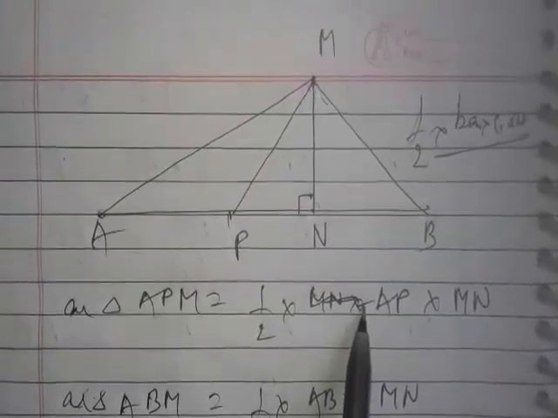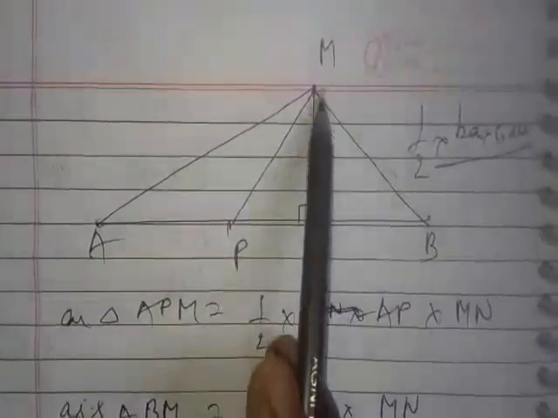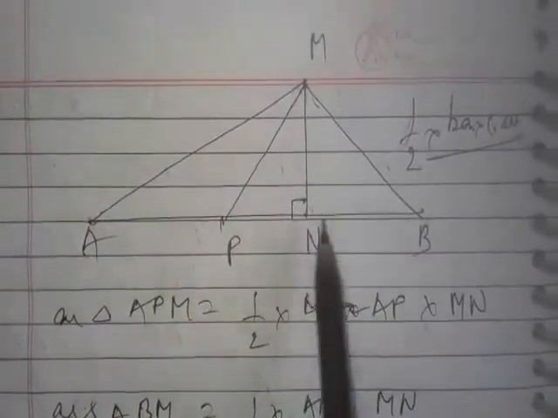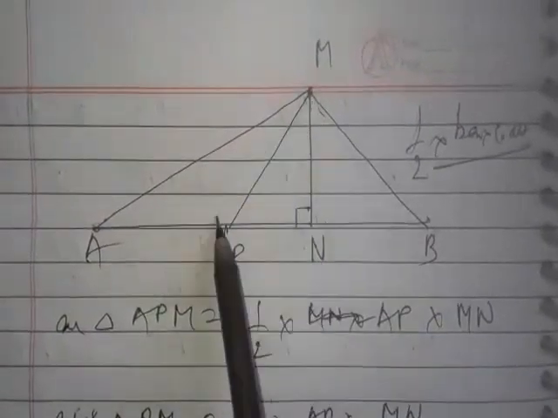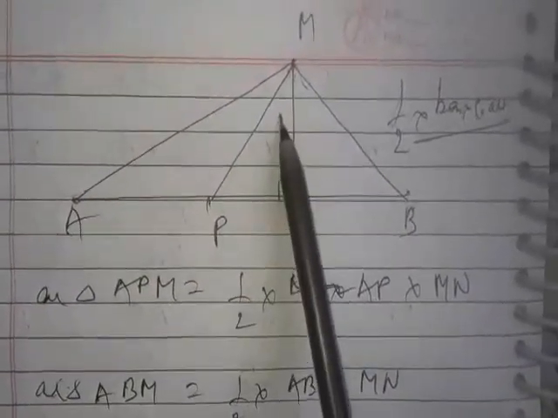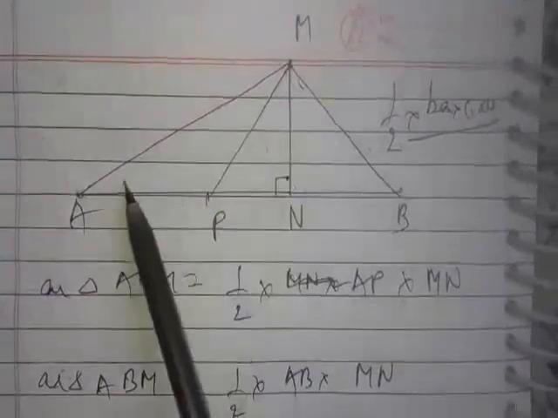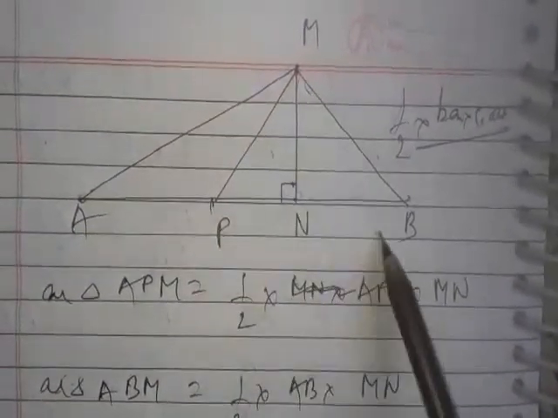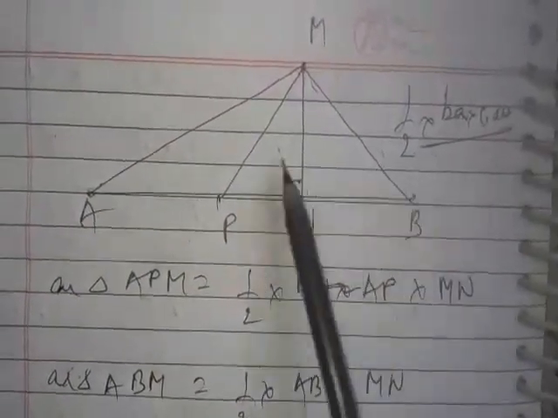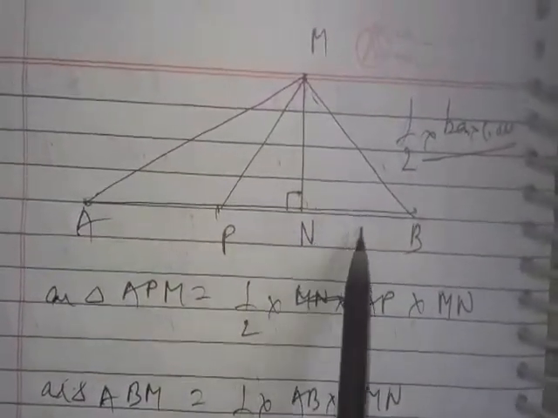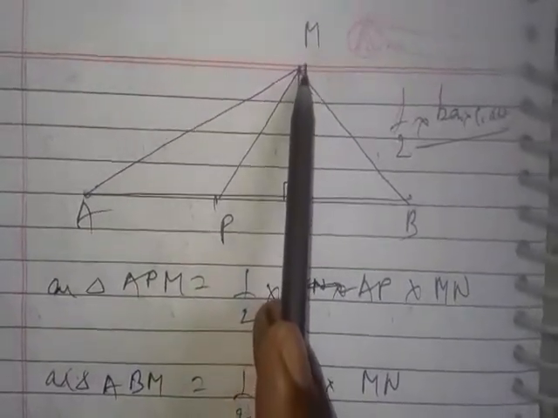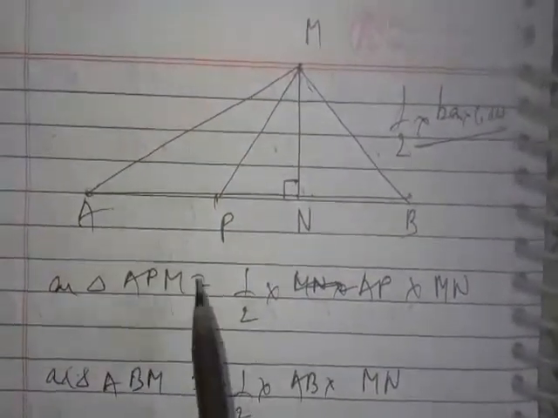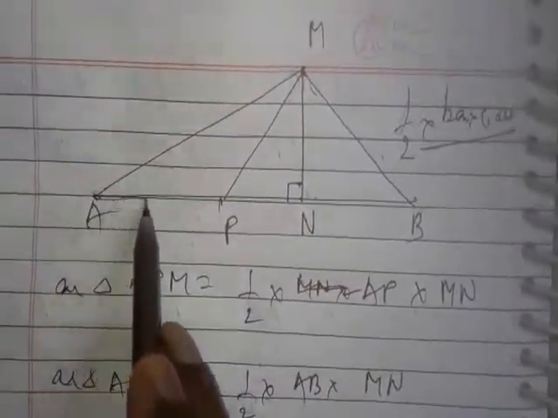So, we are having here three triangles: triangle MAP, triangle MAB and triangle MPB. Though we are having more triangles, we are going to take these triangles into consideration, because they are enough to explain what I want. If we have to find the area of triangle APM, we will take base AP.